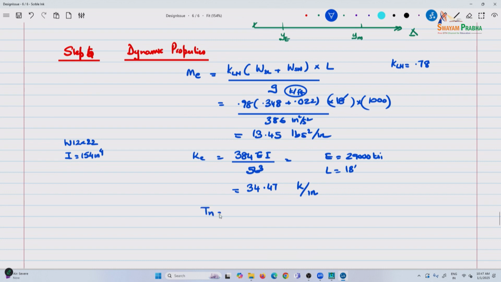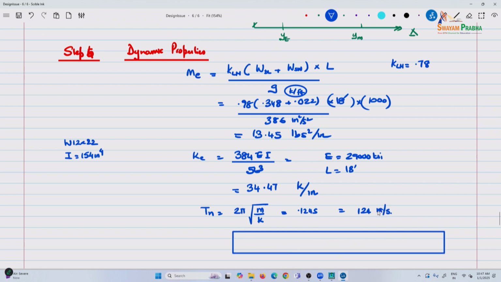And the natural time period Tn is 2 pi root M by K, is 0.124 seconds or 124 milliseconds. Right? So the properties that we need are M and K and Tn.